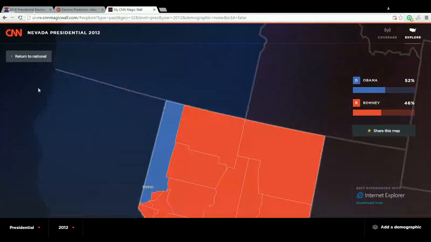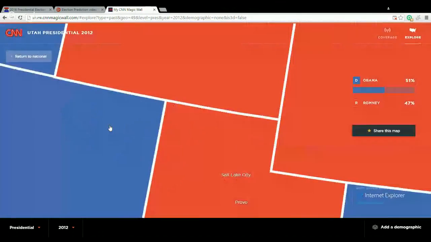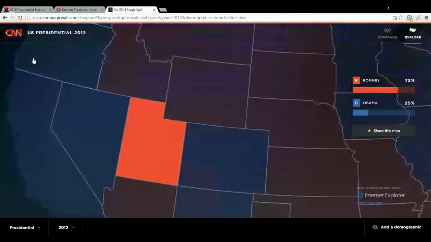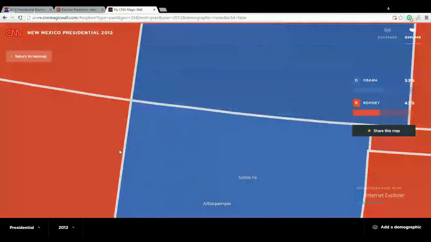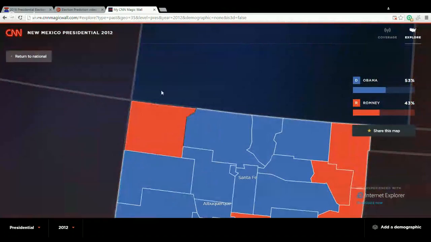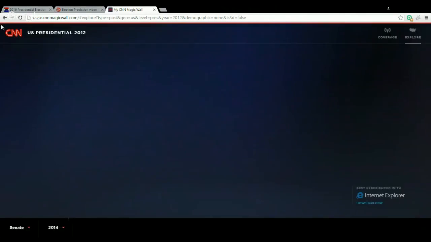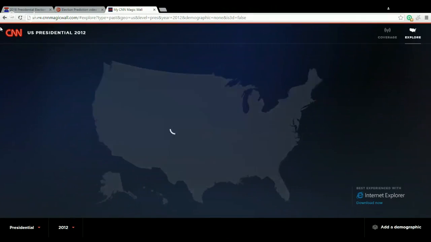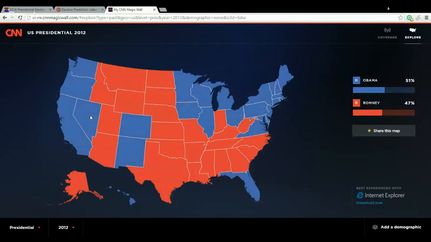Okay, this is not being right at all. Let's go to a different state and see if it does it too. It's only getting the northern portions of the state. Okay. CNN Magic Wall is not being cooperative, which is making me really mad. I'm ticked about this.